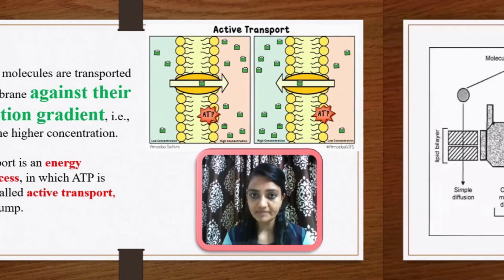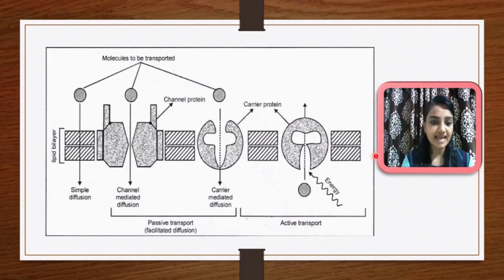Now let me summarize by using this diagram. Here you can see this molecule is transported across the membrane without using any energy and protein. So this is called simple diffusion. And this molecule is transported across the membrane without using energy but with the help of a protein, then it is called passive transport.